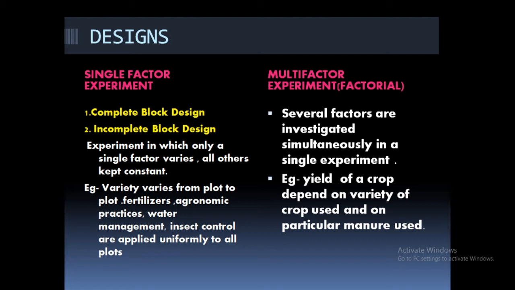Like variety varying from plot to plot. We are using various rice varieties in each plot, but fertilizers, irrigation and agronomic practices, water management, insect control, every other factor is kept constant in all plots. What we are changing is only the variety. So here we can study the influence of variety.